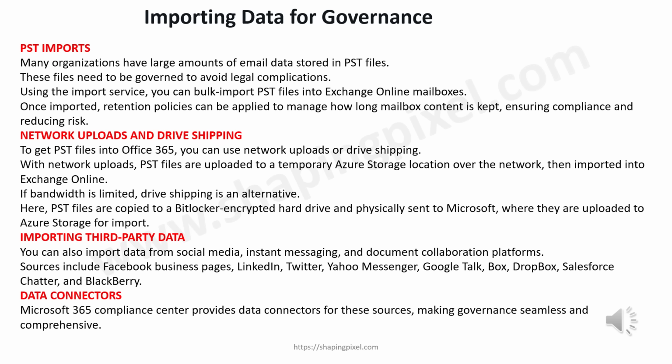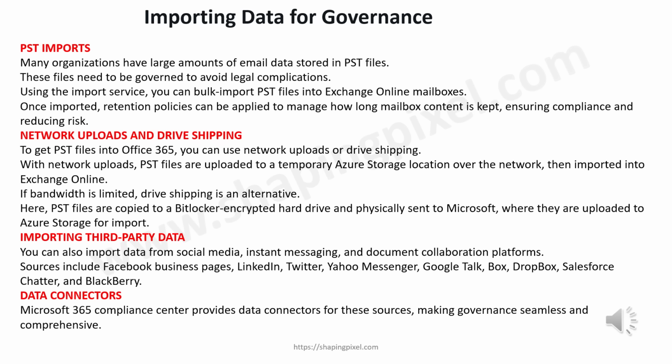Data governance starts with getting your data into the right place. Today, let's explore the main ways organizations import data for governance, including PST imports, network uploads, drive shipping, and bringing in third-party data. Many organizations have large amounts of email data stored in PST files.